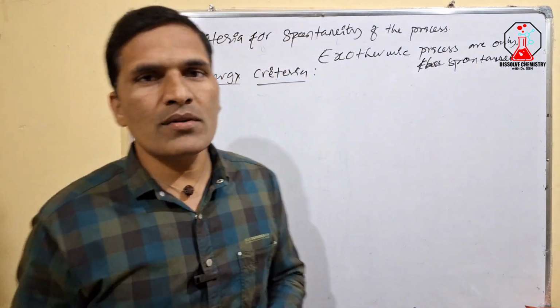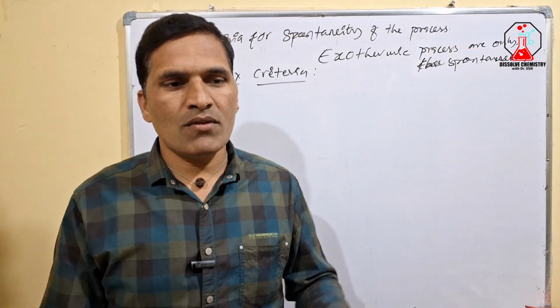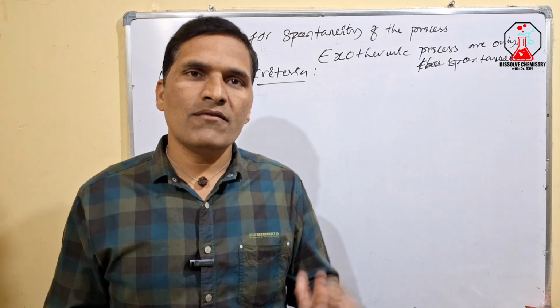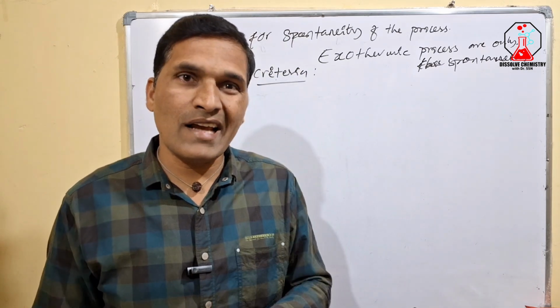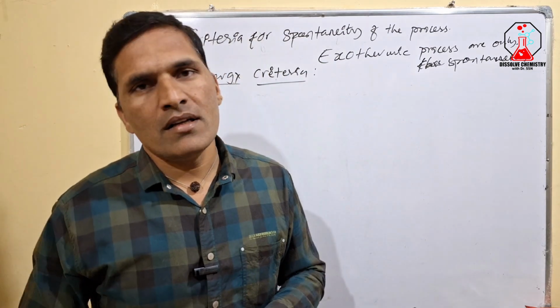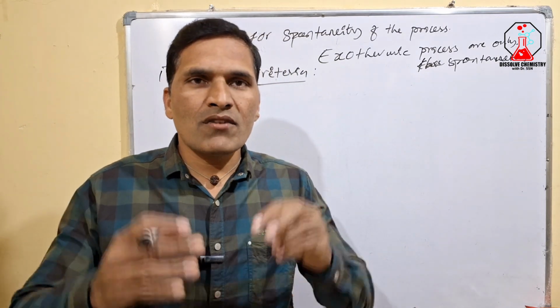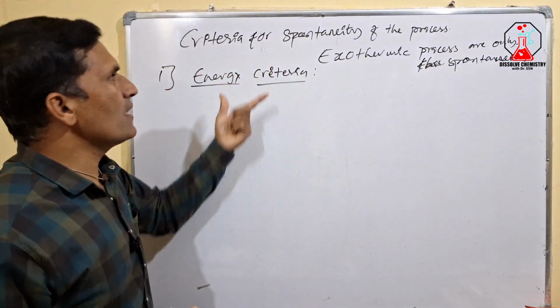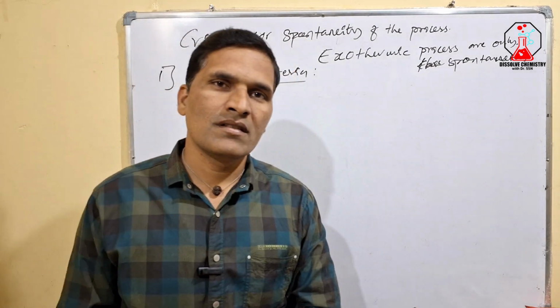Similarly, sodium metal burns on the surface of water. Sodium metal, when in contact with water, is unstable, so it reacts, energy is liberated, and it forms a stable NaOH solution. So it was thought that the energy criteria is the important criteria for the spontaneity of the process.